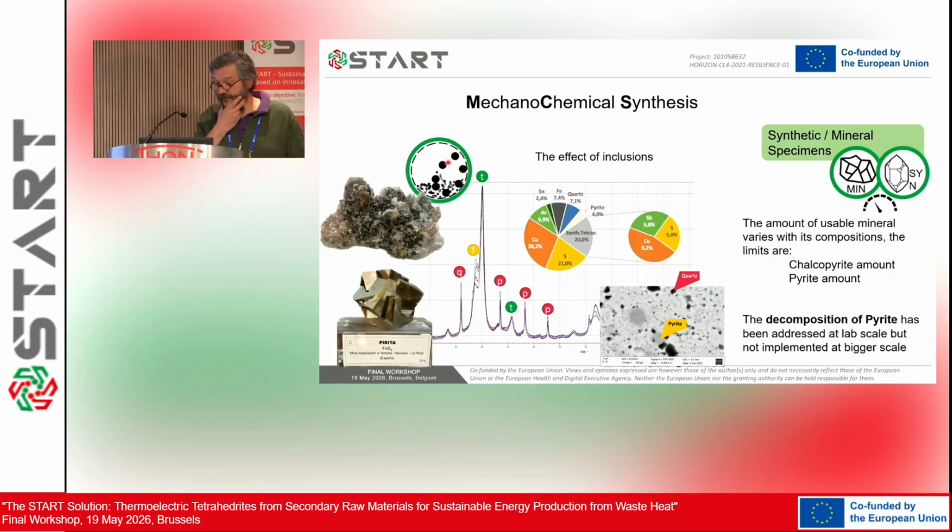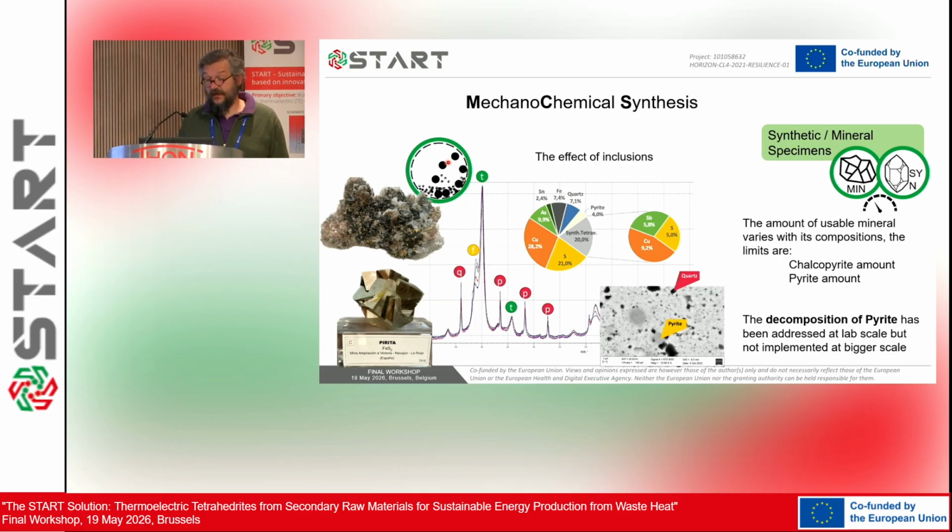These are from the early examples of mechanochemical synthesis, where we had powders from minerals from Neves Corvo. In those cases, the presence of quartz and pyrite was quite a lot, and we saw that in all the systems, and also in all the milling conditions that we tried.